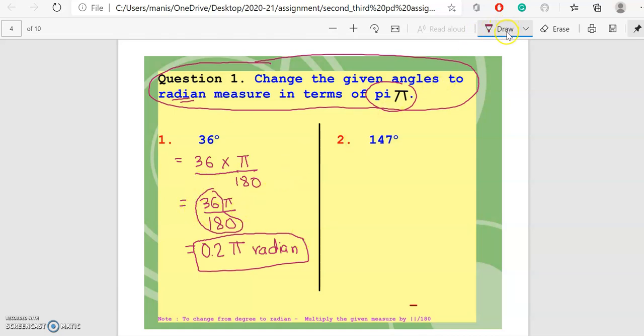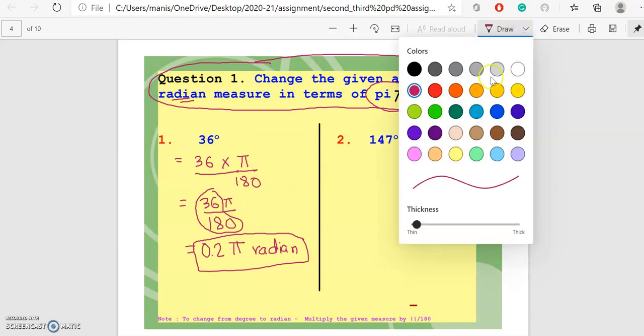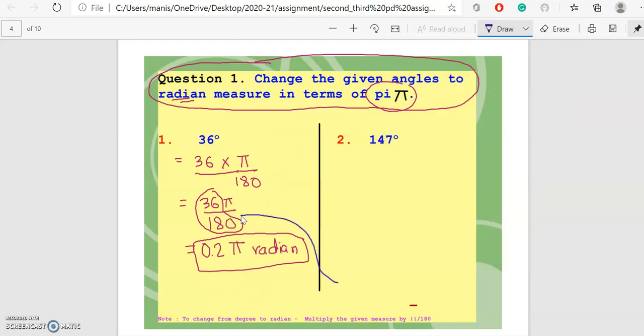Now sometimes you will see an answer in fraction. How you can write this answer as a fraction is you divide 36 by 180. You can do this by two methods. Either you should have a calculator which when you divide gives you the answer in fraction, or you do it by the manual method: 6 times 6 is 36, 6 times 30 is 180, 6 times 1 is 6, 6 times 5 is 30.